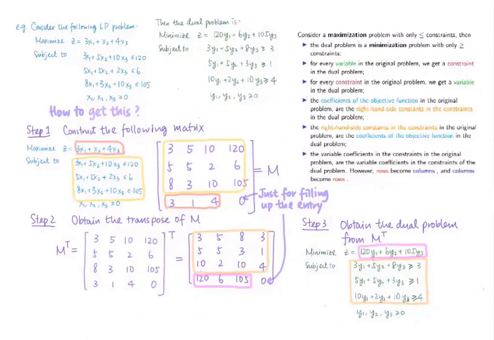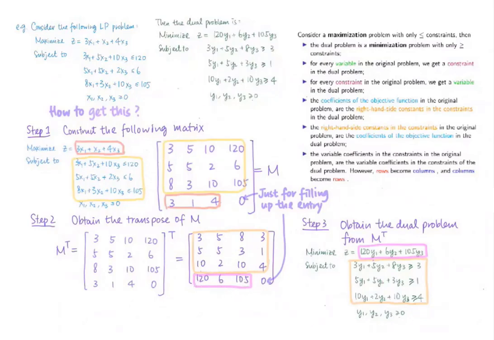Now, in our dual problem, the constraints will have the greater than or equals to symbol instead. For the second row and the third row, they correspond to the second and third constraint inequalities of the dual problem. Now, we refer to the last row of the transpose of M. We ignore the last entry 0 because it is just for filling up the space of this matrix.